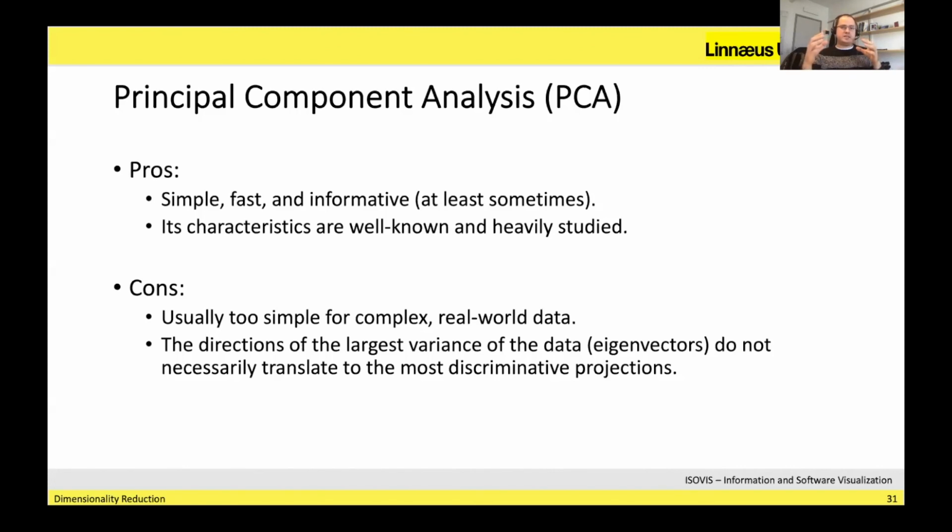And this is what happens with complex real-world data. You have many dimensions, all interconnected in very complicated ways. So no matter which angle, so to speak, you look at this multidimensional data at one single point in time, you don't really see the patterns completely. So the directions of the largest variance do not necessarily translate to the most discriminative projections, to the best projections in terms of highly complex nonlinear patterns.